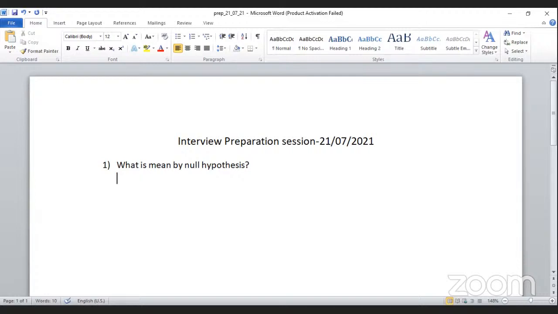So this null hypothesis is nothing but your basic assumption from your observed or test data. So there is no statistical significance. Yeah, very smart answer, Vishwanath. Opposite of the alternative hypothesis. Yeah, it's opposite of the alternative. Then what is the alternative hypothesis? We will go into that question.